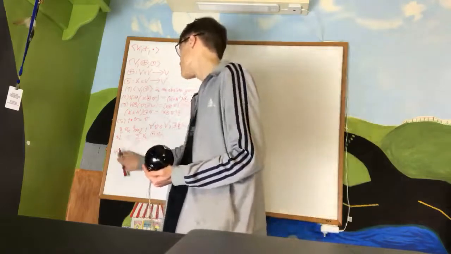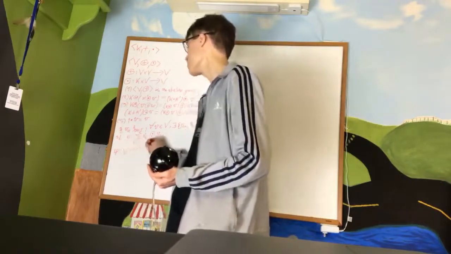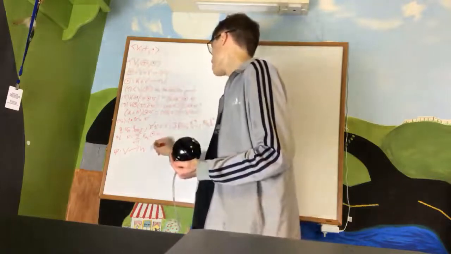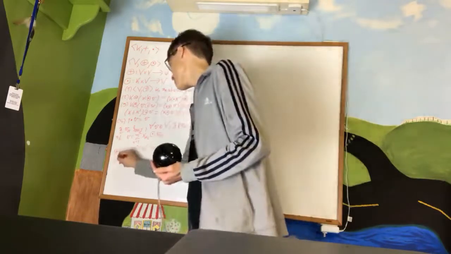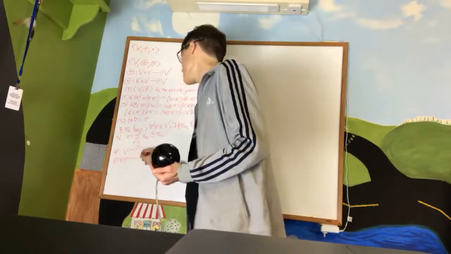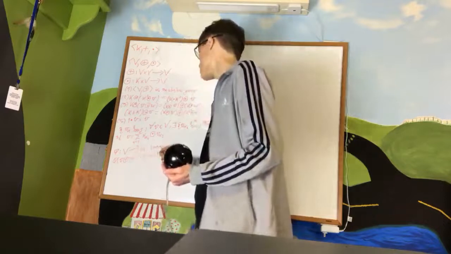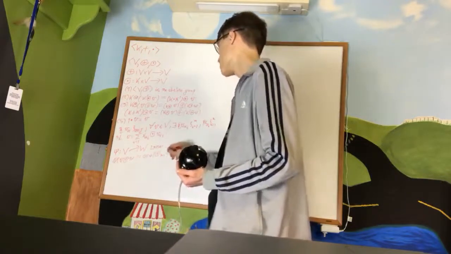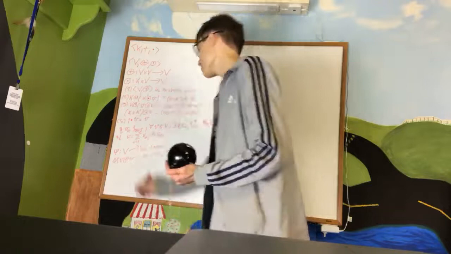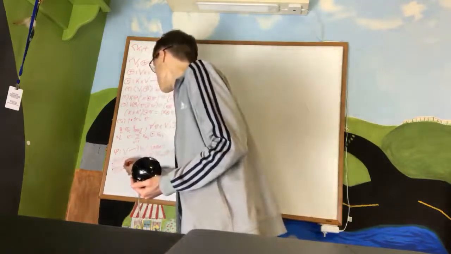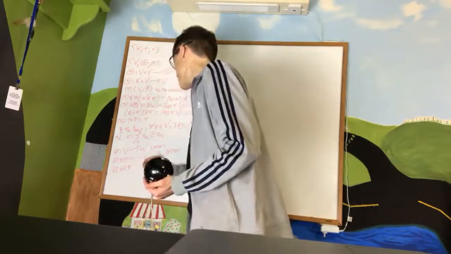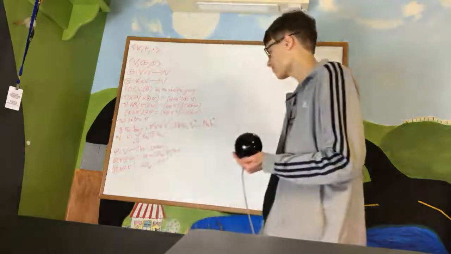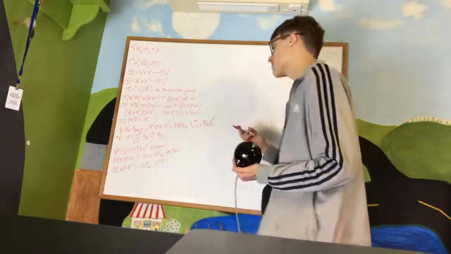A linear map between two vector spaces V and W, which are vector spaces over the same field K, phi, is called linear if phi of v circle plus w is equal to phi of v circle plus on the codomain phi of w, and phi of k scalar multiply v is equal to k scalar multiplication on the codomain phi of v. We have those two properties for linear maps.